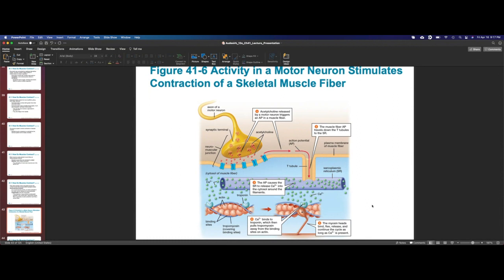So calcium is important for muscle contraction specifically because it indirectly allows the active sites on these individual filaments of the muscles to be exposed. And once they're exposed, you can then have that myosin head progressively move past them, essentially shortening the sarcomere, or the functional unit.